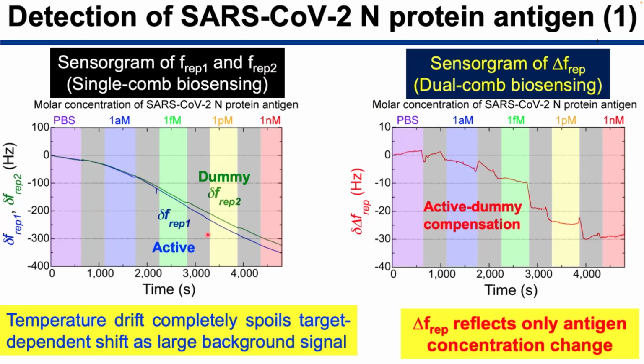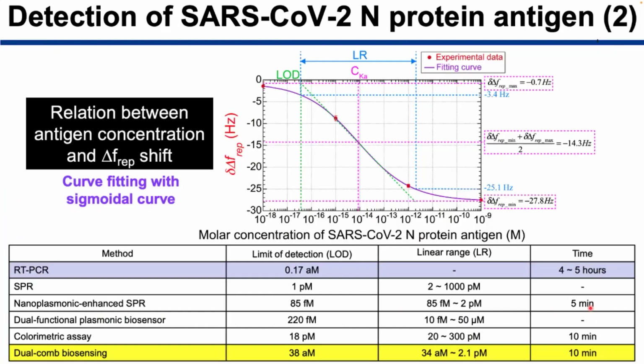However, when we calculate the frequency difference between them, the temperature drift is effectively suppressed, and step-like behavior reflecting the molar concentration of SARS-CoV-2 N protein antigen from PBS, 1 attomolar, 1 femtomolar, 1 picomolar to 1 nanomolar clearly appeared. In this way, the delta FREP reflects only the antigen concentration change.